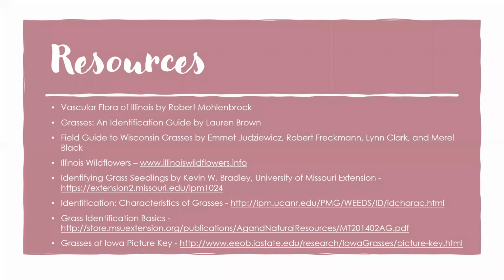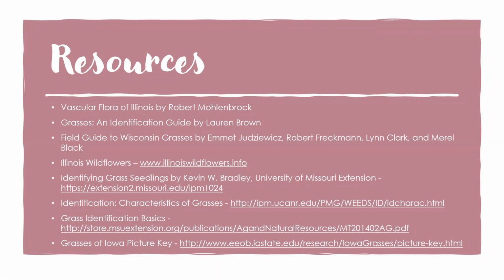All right, we are wrapping up the first half of our session today on basics of grass identification, and I wanted to just go over some of the resources that I used when I was learning to identify grasses that I think may be helpful for you. So if you are in Illinois and you don't have The Vascular Flora of Illinois by Robert Mohlenbrock, highly recommend.